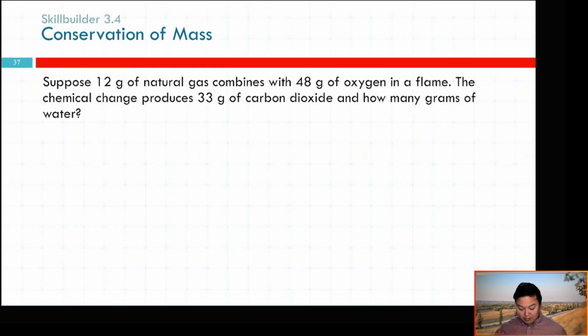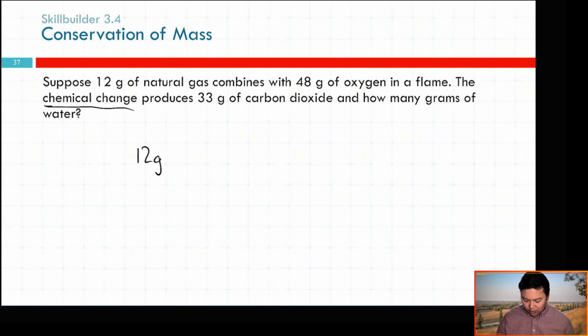Now let's combine 12 grams of natural gas with 48 grams of oxygen. The chemical change produces 33 grams of carbon dioxide, but how many grams of water? For this kind of problem, you can write out the stuff that you have, but we're talking about a chemical change, so we're talking about a reaction.